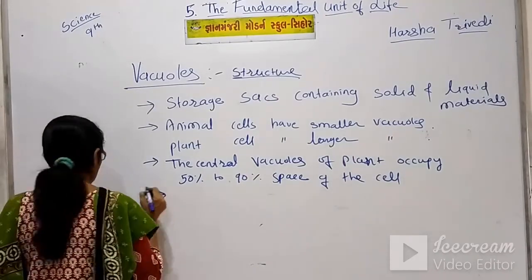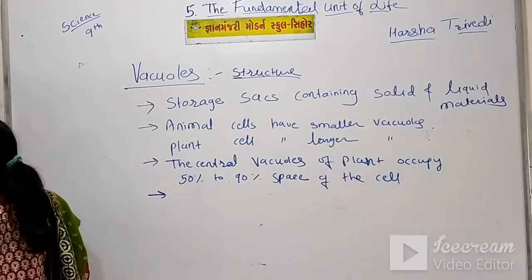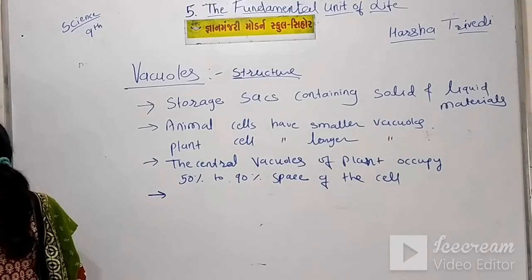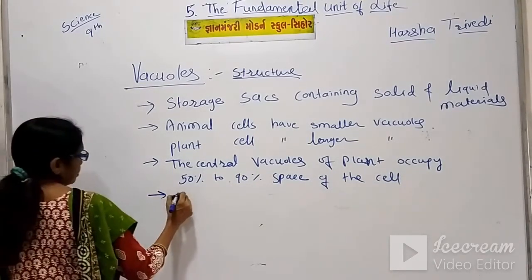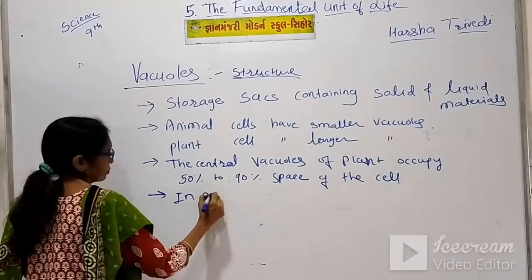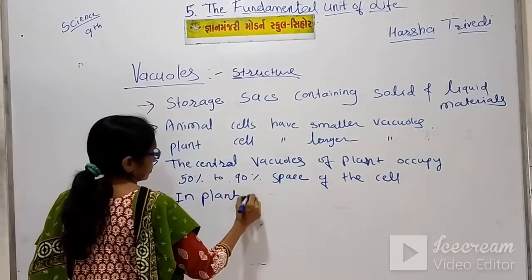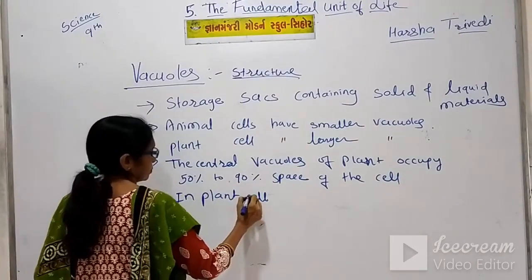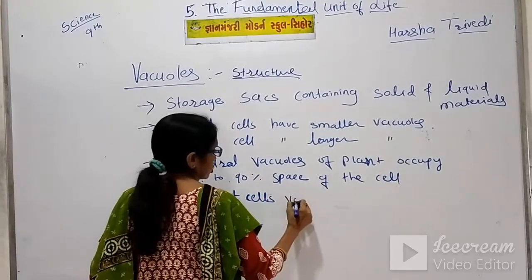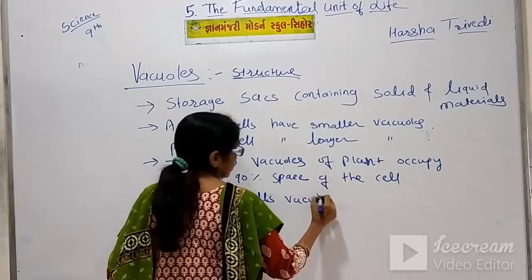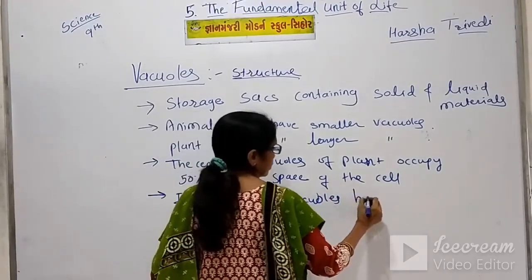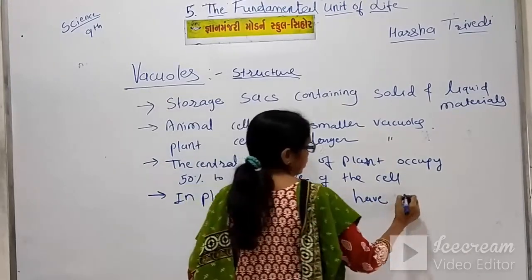Okay students, now next point. In plant cells, vacuoles have cell sap.